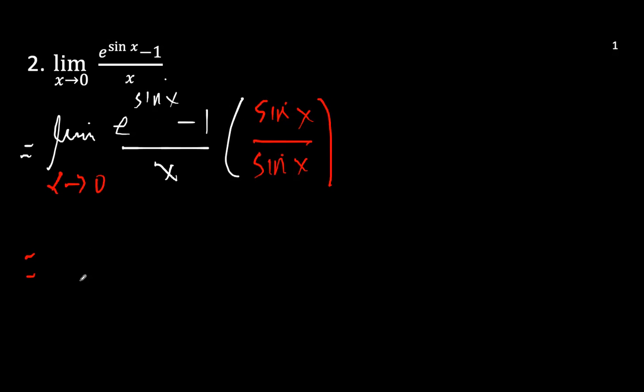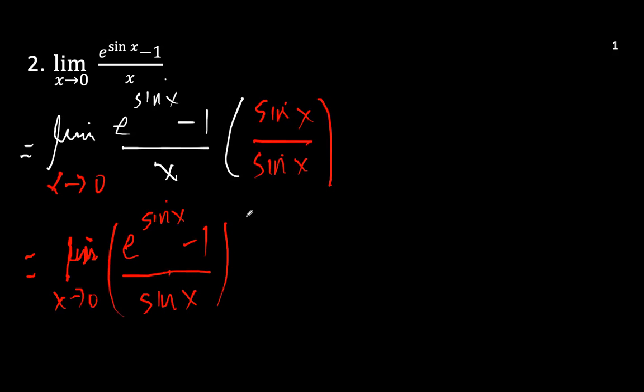Okay, so let's try expressing the given in terms similar to the one given in the theorem. So that's the limit of e raised to sine x minus 1 all over sine x, as x approaches 0, times sine x over x.